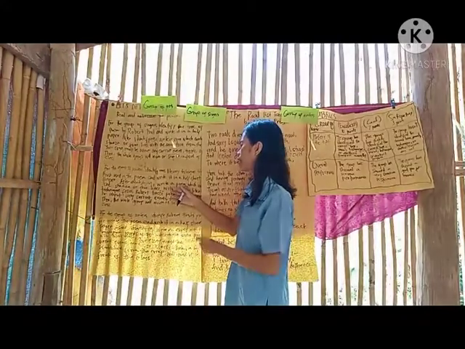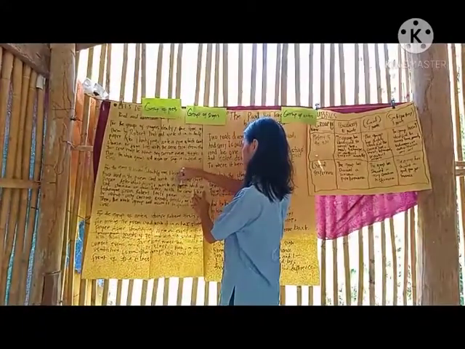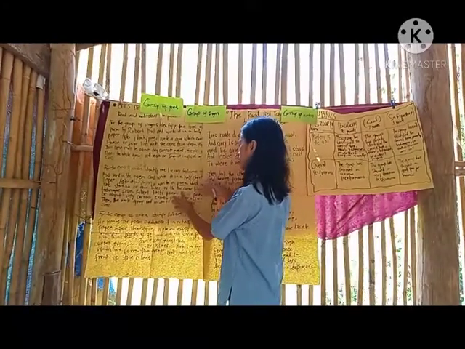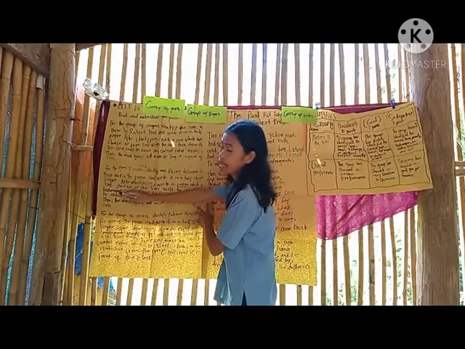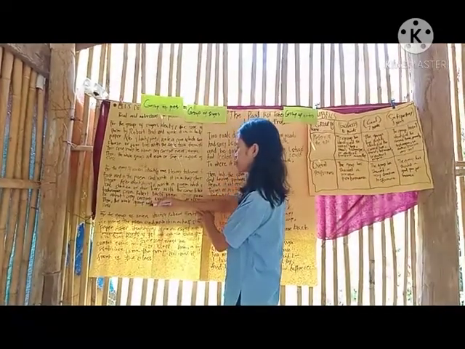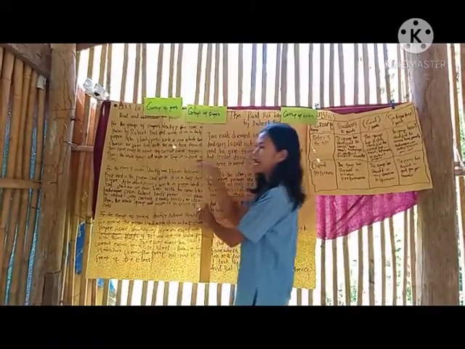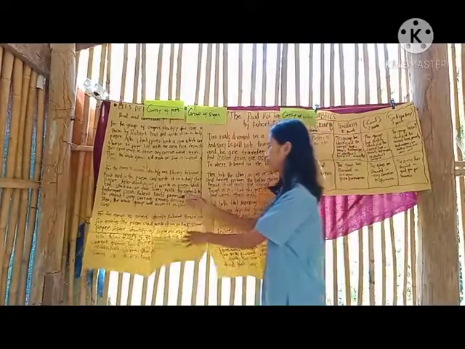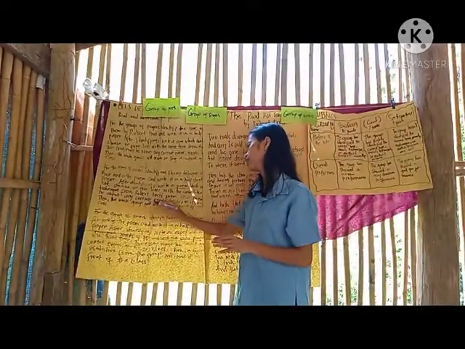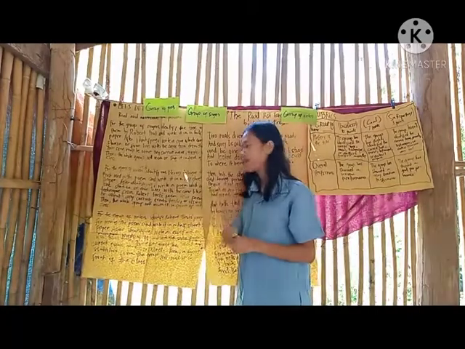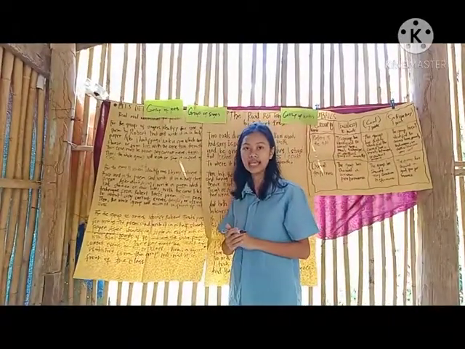So after identifying, you are asked to write a poem which contains 1 stanza or 4 lines with the same literary technique as Robert Frost's poem. And then of course, it should be about any current events, trends, or issues. And then you will recite it in front of the class as a group.